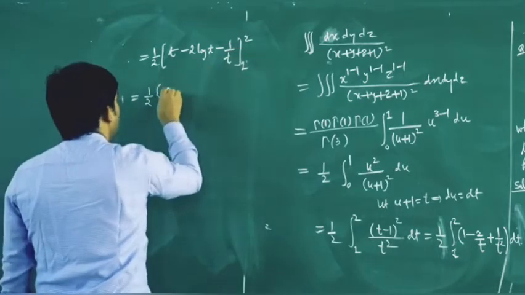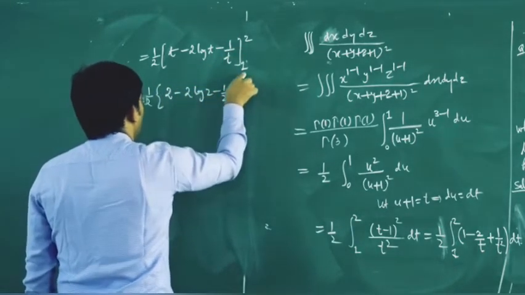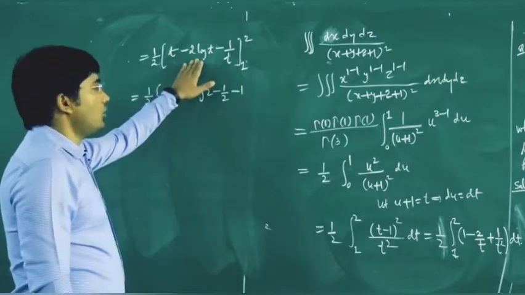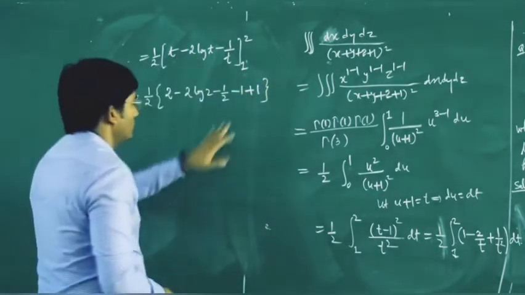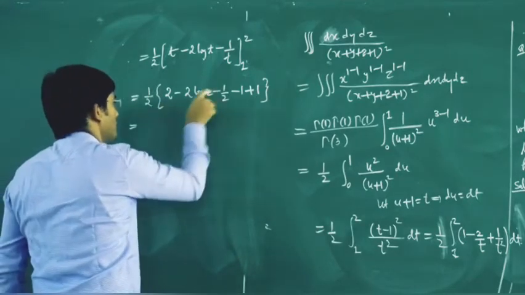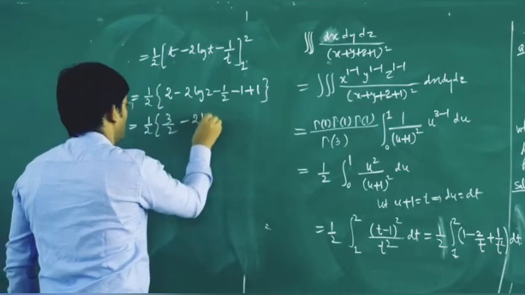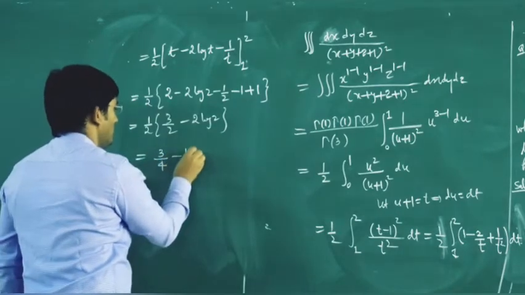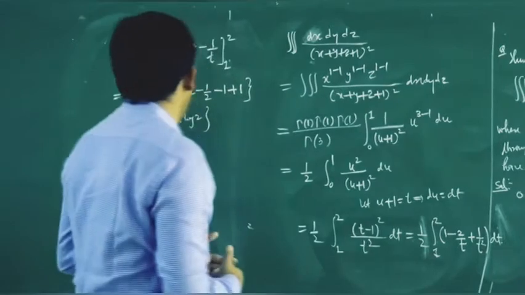For the upper limit we have 2 minus 2 log 2 minus 1 by 2, and for the lower limit t is 1, so we have minus 1. Log 1 is 0, so again we will have plus 1. So minus 1 plus 1 get cancelled, so this is equal to 1 by 2 into (2 minus 1 by 2) which is 3 by 2 minus 2 log 2, so this is equal to 3 by 4 minus log 2. And this is what we have to prove.